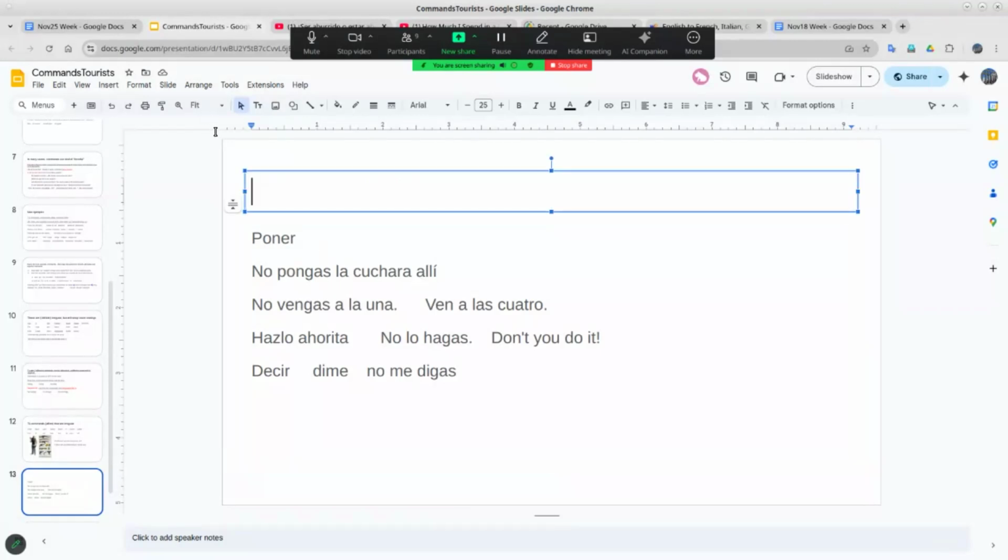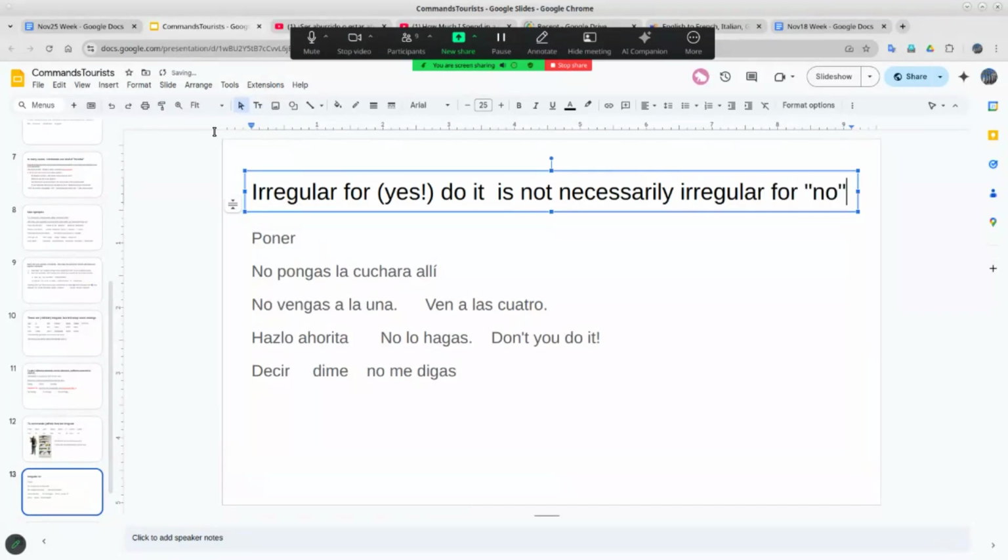Wow. Irregular for... I'm sort of glad there aren't tests in this class. Oh, what a mess.